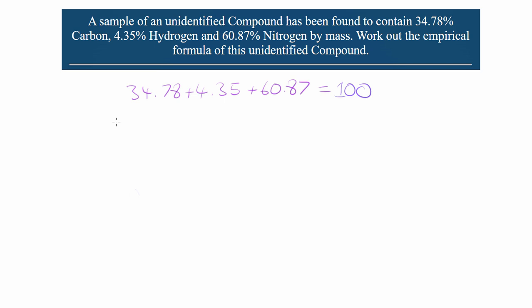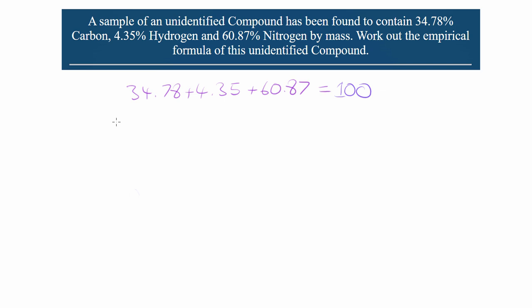In this case, we don't currently have the molar quantities, but how do we get there? Well, the tool that's going to enable me to get there is making an assumption about the sample size. The assumption I'm going to make is that the sample I have of this unidentified compound is 100 grams in total.